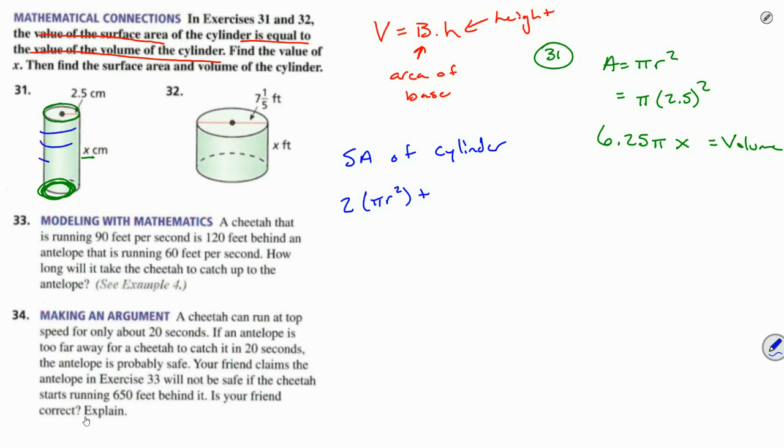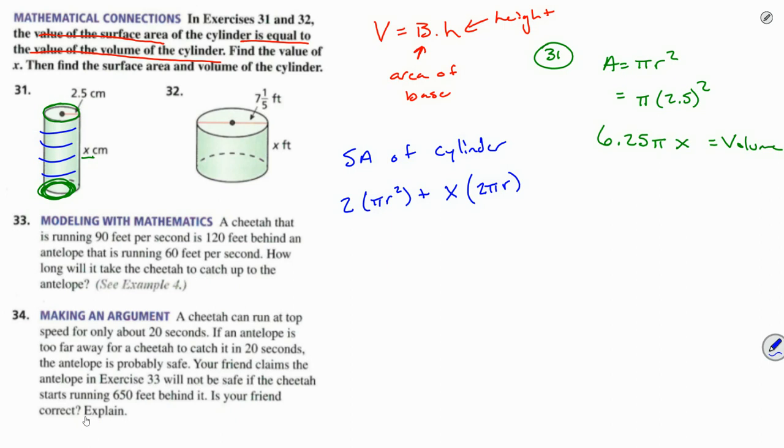The lateral surface that goes all the way around the side, if you would cut it, would be a rectangle where it would be the height times the circumference of the circle, so 2 pi r. If you don't know anything else, just know how to crank this formula.